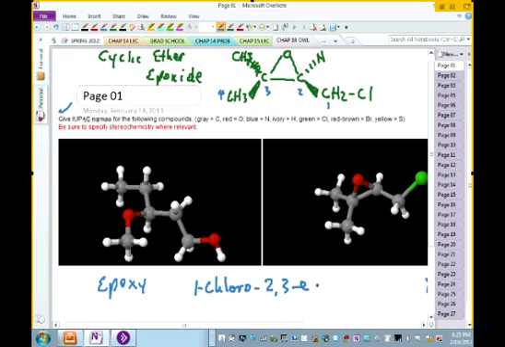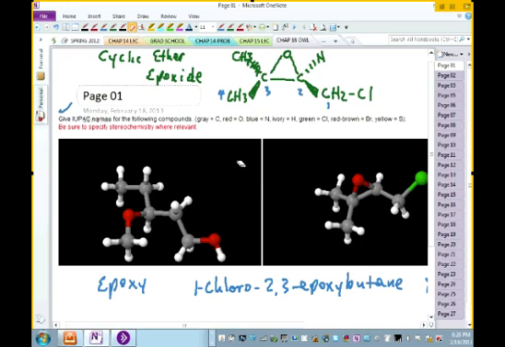2,3-epoxy, epoxy being a substituent, butane. Now something else is also missing here about the methyl group. Where does the methyl group go? It goes by alphabetical order, so that comes after the chloro, right? So after the epoxy.